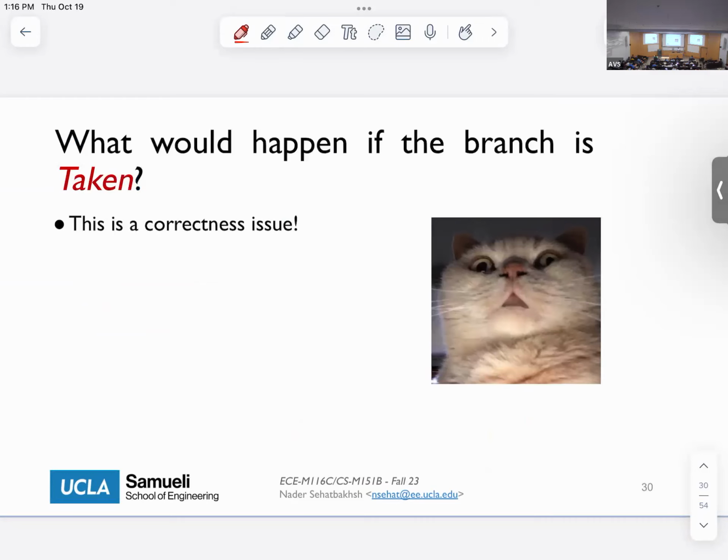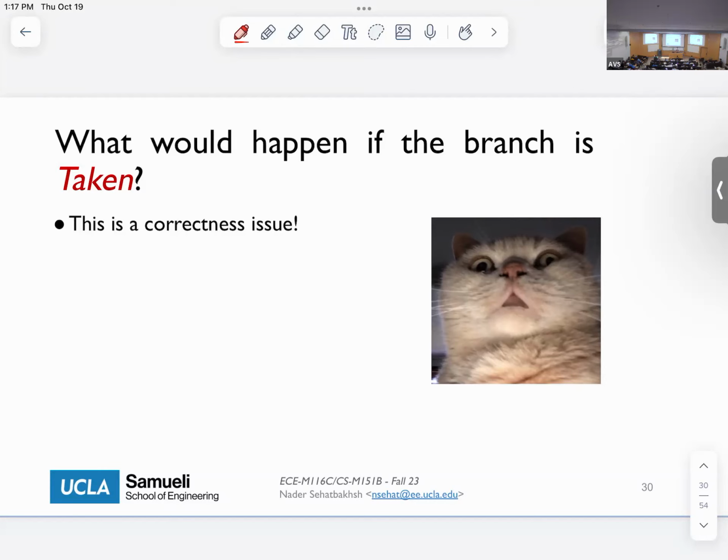And then, of course, the biggest question we might have so far is what will happen if the branch is actually taken? And again, this is a correctness issue because if I just predict not taken and continue executing instructions, those instructions are going to update the register file. It might update your memory.